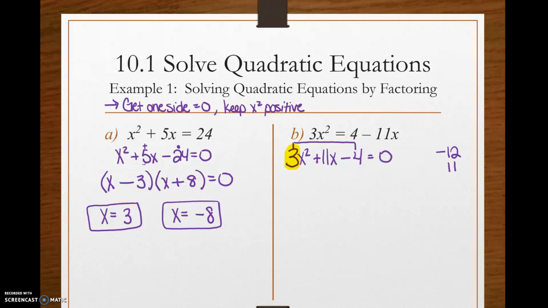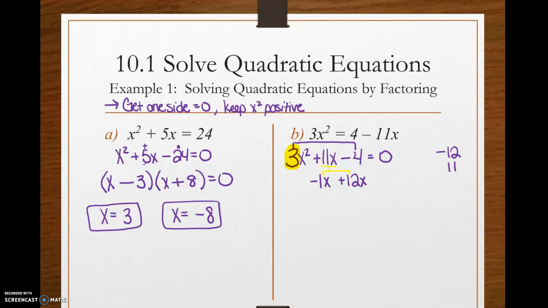So could we do that with 1 times 12? Yes. If we did negative 1 and positive 12, I'm going to write those here with x's, negative 1x plus 12x. It's kind of like I took this middle term 11x and split it into negative 1x and 12x.